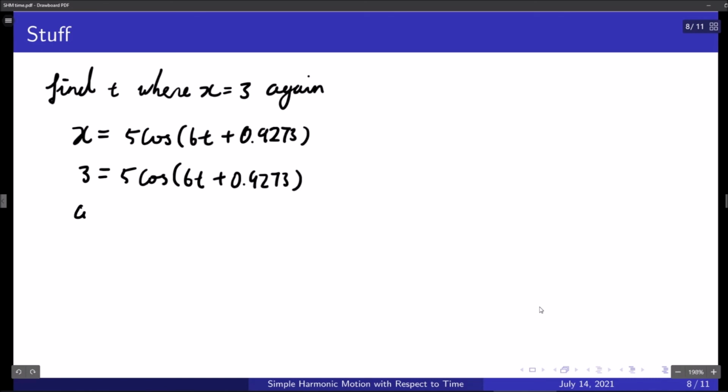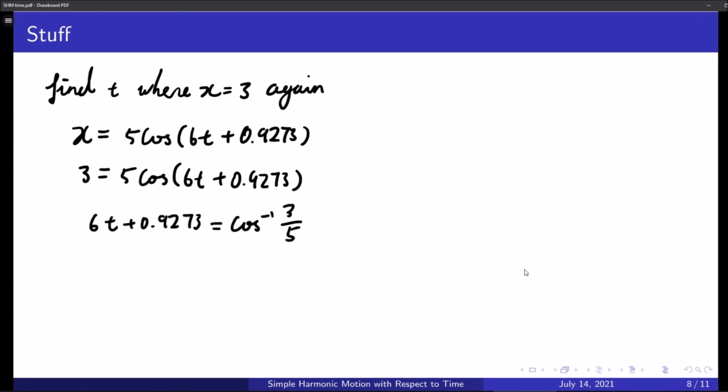we end up with 3 over 5 equals cosine (6t + 0.9273), so 6t + 0.9273 equals cosine inverse of 3 over 5. Okay, now we have to solve this equation for t.